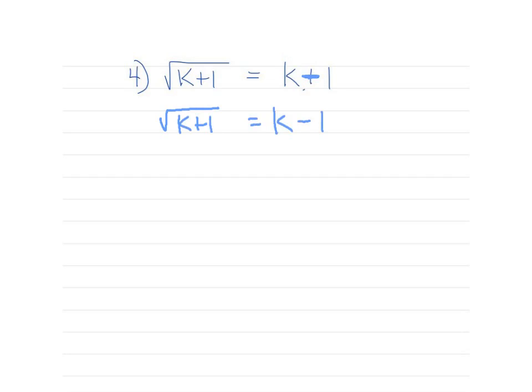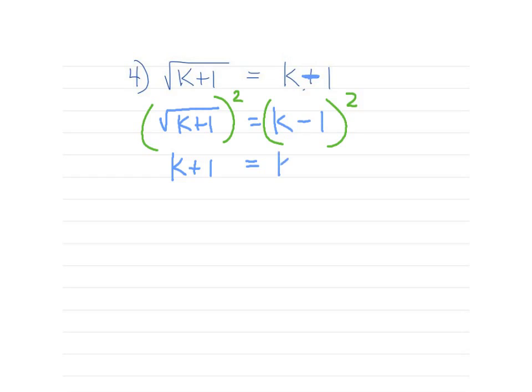All right, so first step is going to be to square both sides of the equation to get rid of the radical symbol around k plus 1. Okay, so when we square these, here I have k plus 1 is equal to, and remember that we know how to square a binomial using the perfect square pattern.